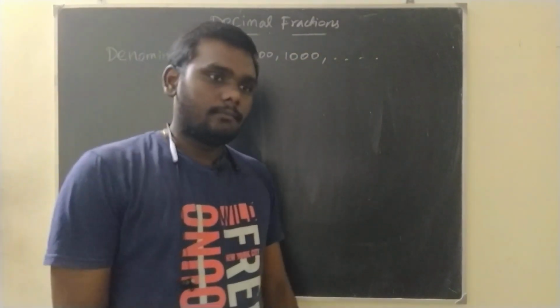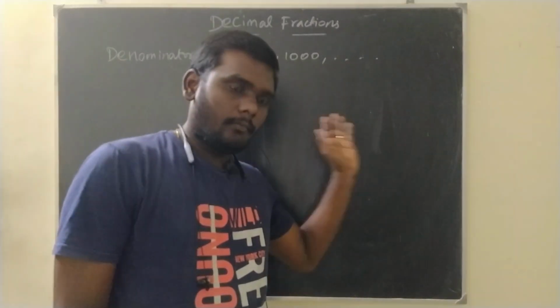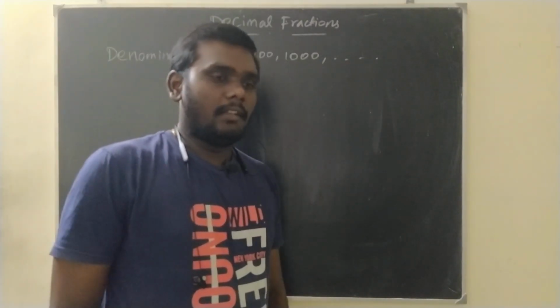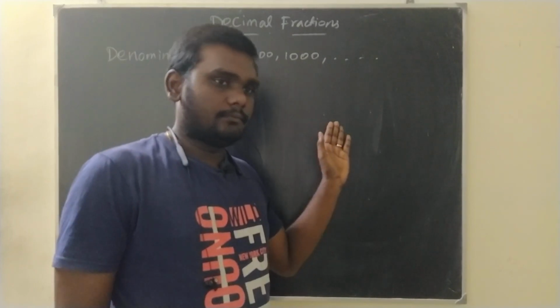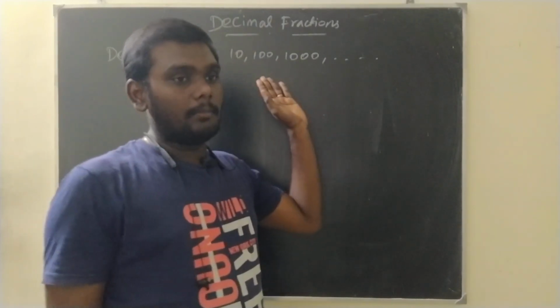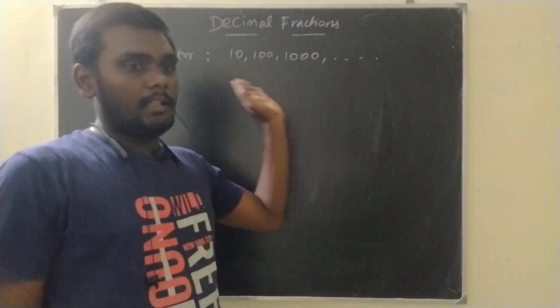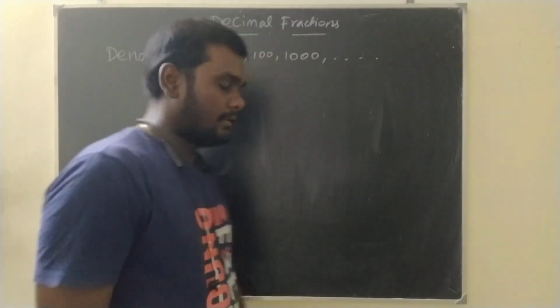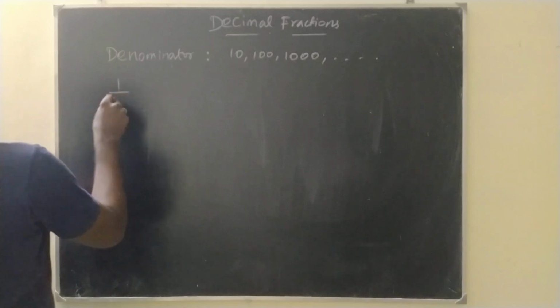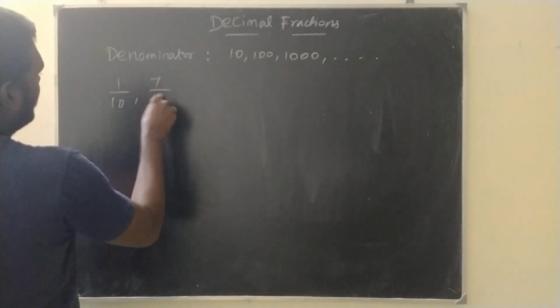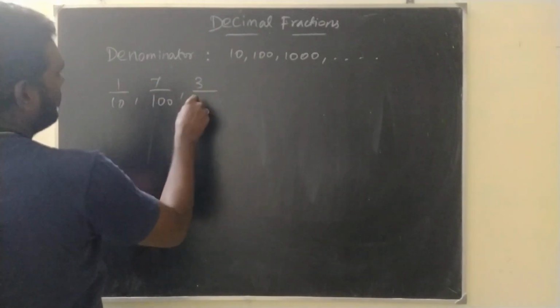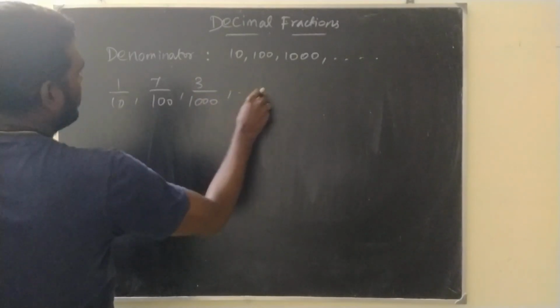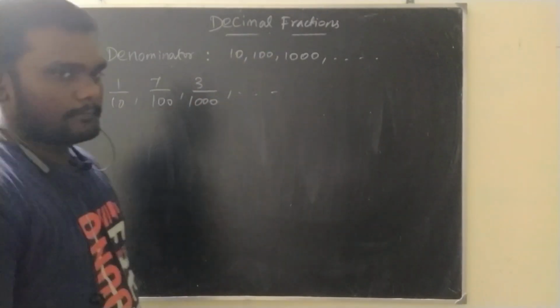They are powers of 10, not multiples of 10, powers of 10. When we have these numbers in the denominator, that is called a decimal fraction. For example, we may say 1 by 10, 7 by 100, 3 by 1000. The list goes on.